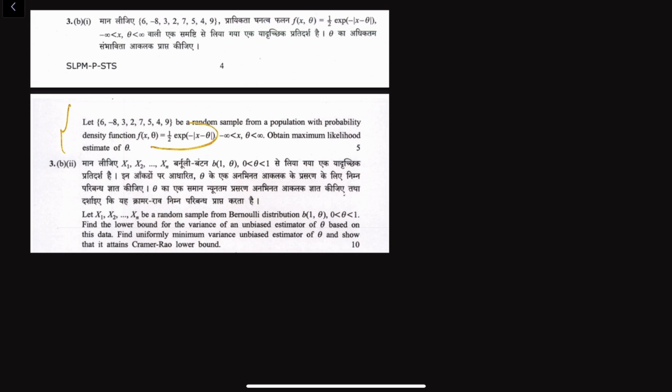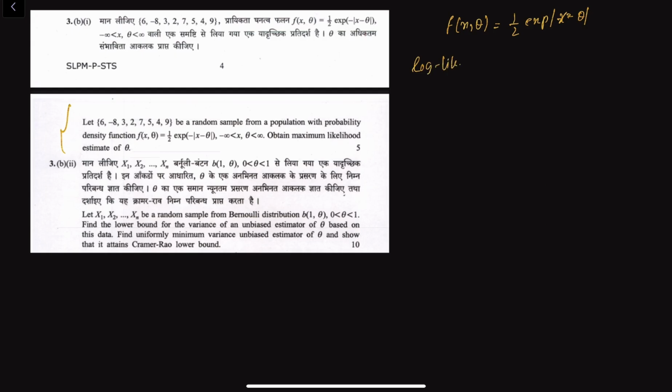So we can see this particular function is a Laplace density or double exponential density function. So f(x, θ) is 1/2 · exp(-|x - θ|).